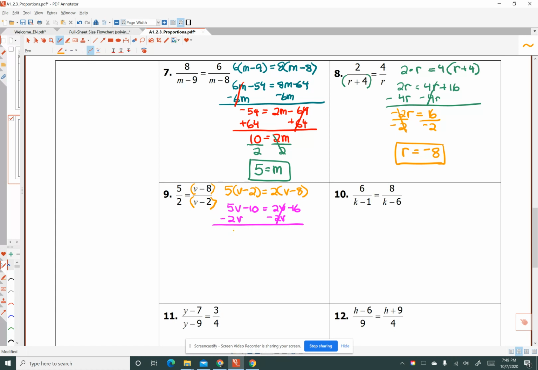And that gives us 3v minus 10 equals negative 16. I will add 10 to both sides for 3v equals negative 6. And I will divide both sides by 3. A negative divided by a positive is a negative, so v equals negative 2.